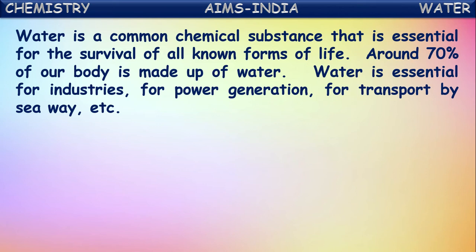So water is essential for industries, for power generation and for transport by seaway. Not only in our human body and living things, it is also useful for other purposes, like industries. In many industries, water is used in large quantity for running their automobiles and for power generation also. The energy or electricity produced from water is called hydroelectricity.